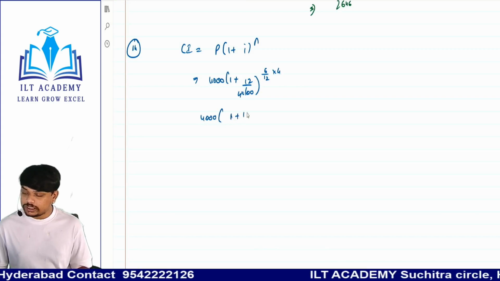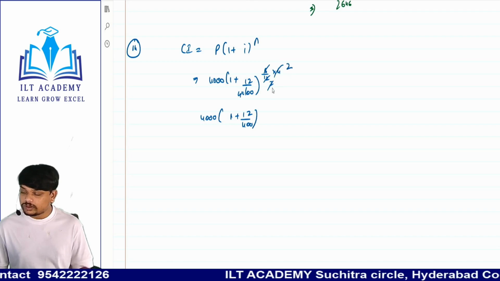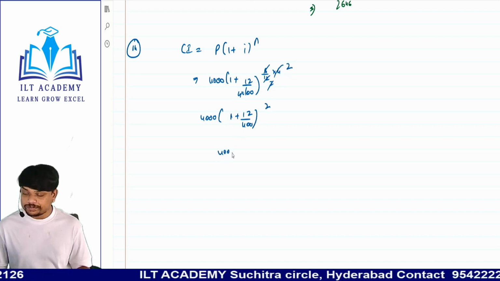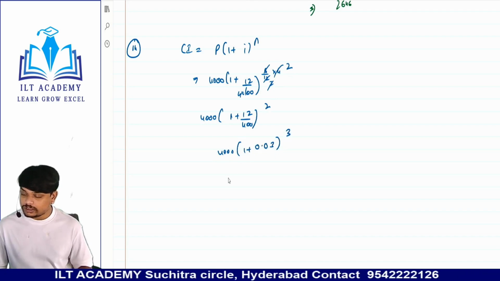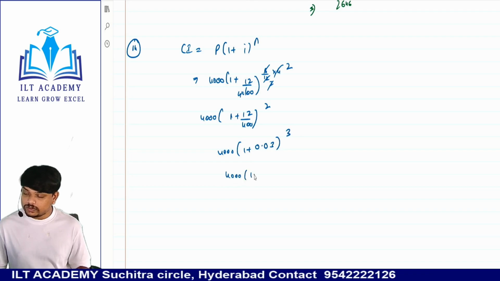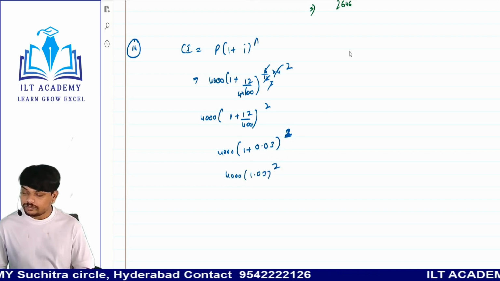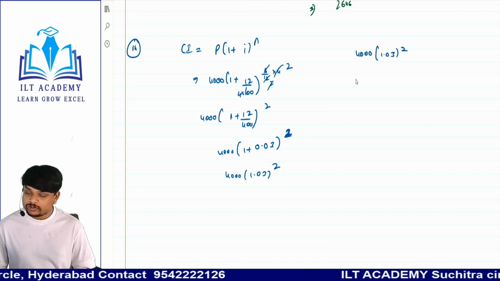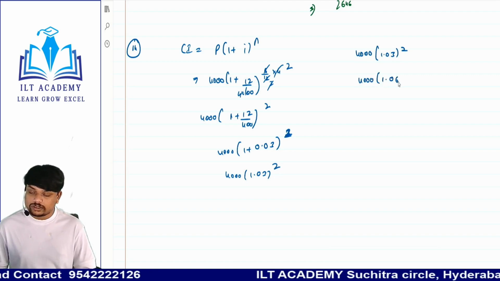4000 into 1 plus 12 upon 400. 1 the 6 2, 1 the 2 2. So 12 divided by 400 is how much? 0.03 whole square. So 4000 into 1.03 whole square. 4000 into 1.09.